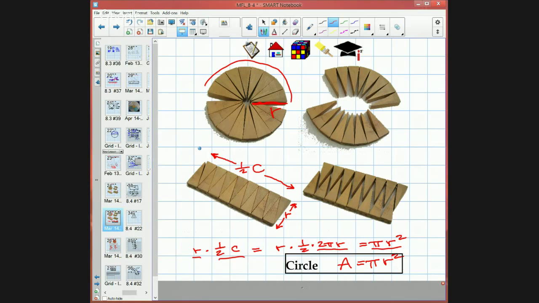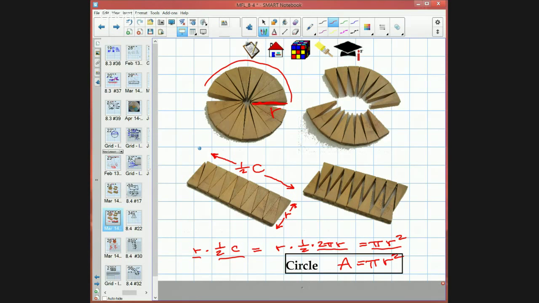And, oh my goodness, it's that famous formula: the area of a circle is pi times the radius squared. What's remarkable is that after all these years, I had never really seen that shown as a rectangle. If you creatively slice up a circle and reshape it as a rectangle, and you know a little bit about circumference, sure enough, we can find the area of a circle as if it was a rectangle.